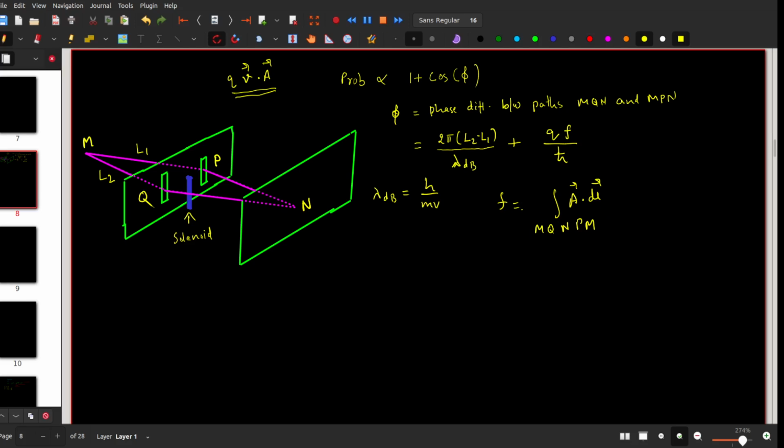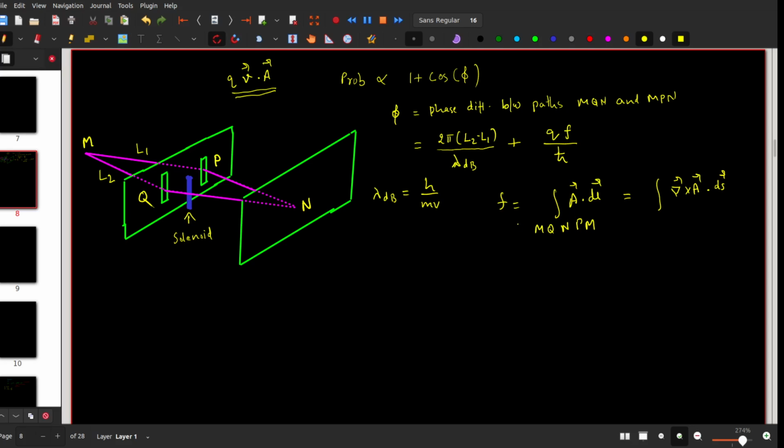In the previous video, we related F to the flux passing through this loop M, Q, N, P, M by using Stokes' theorem. We argued that if we use Stokes' theorem, then this is the integral of curl of A through the area bounded by this curve M, Q, N, P, M, and since curl of A is equal to B, the integral of B through this bounded area was equal to the flux.